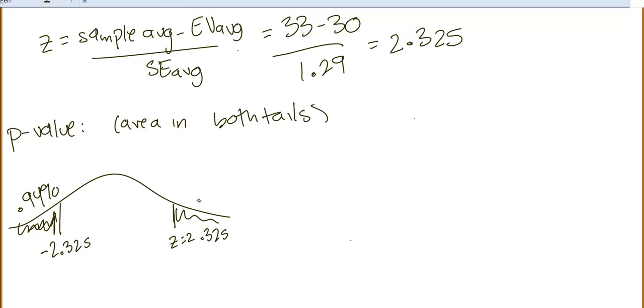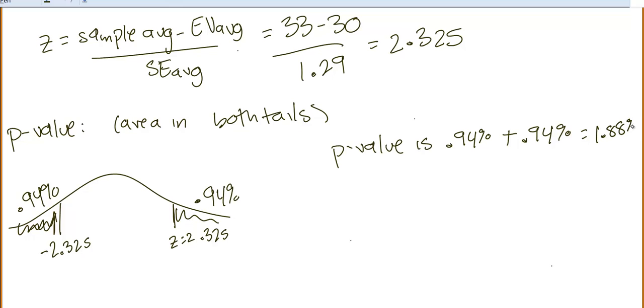Now due to symmetry, this area to the right is also 0.94%. So my p-value is 0.94% plus 0.94% because it's the total area in both tails. So this is 1.88%.